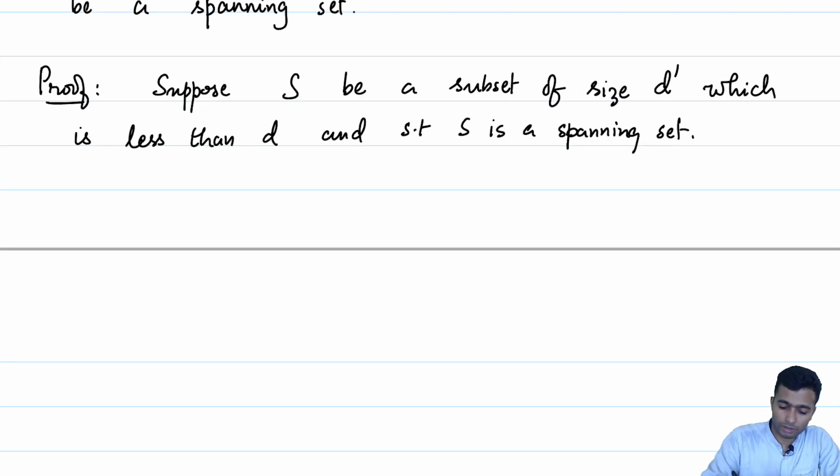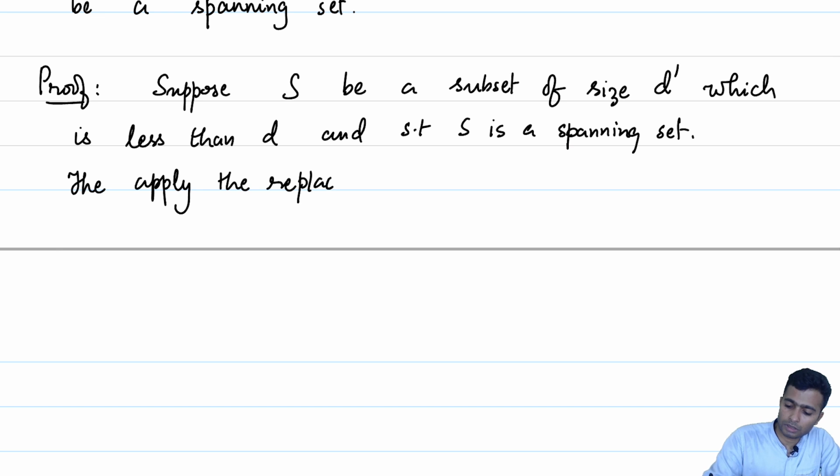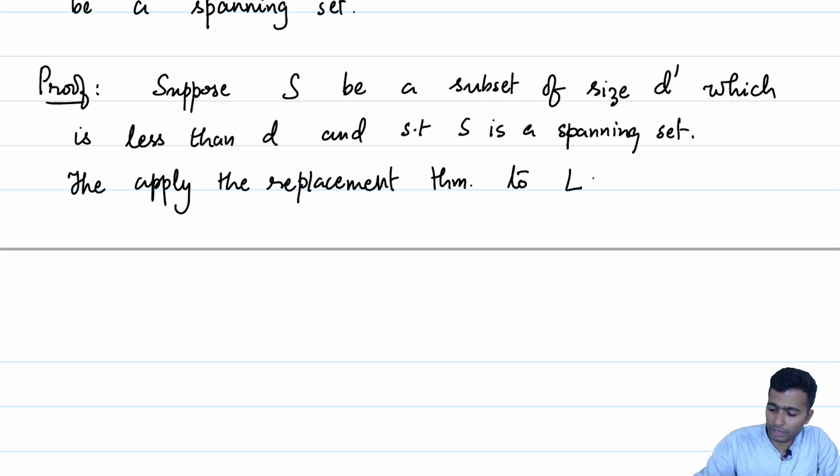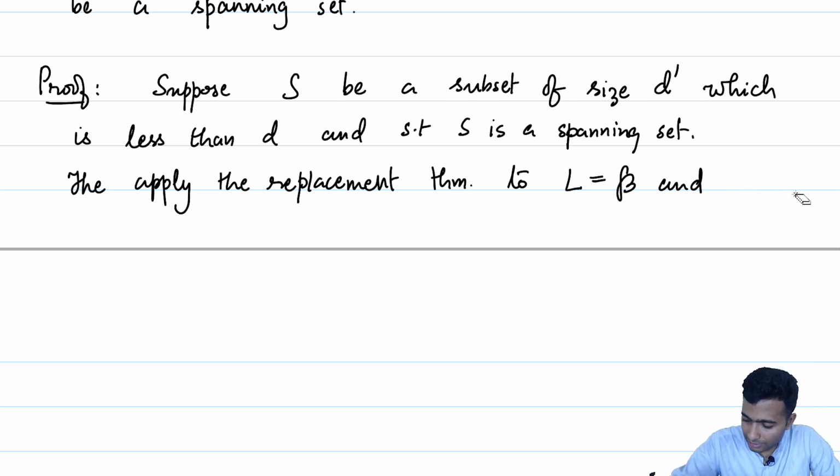Okay, then apply the replacement theorem to L equal to beta and S equal to S, just S. So, for the linearly independent set, take the basis beta and the spanning set S is the spanning set we are given.